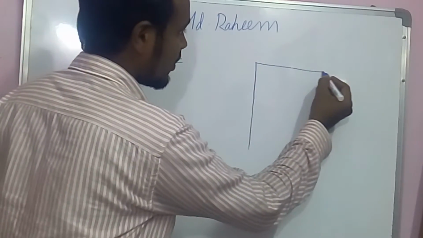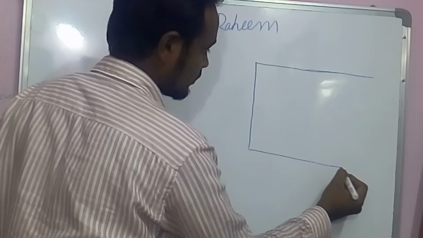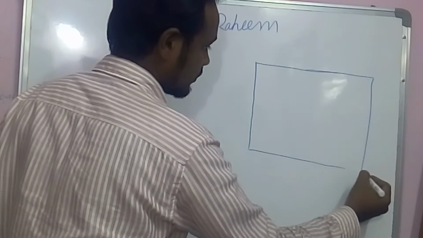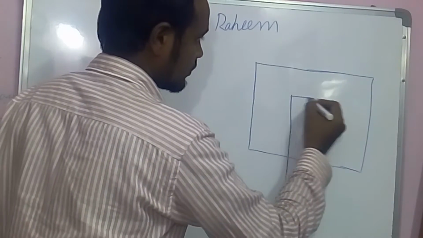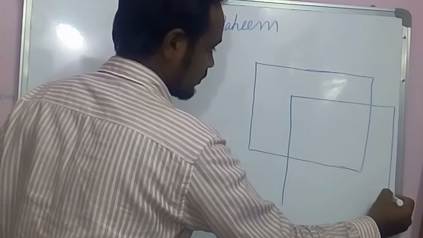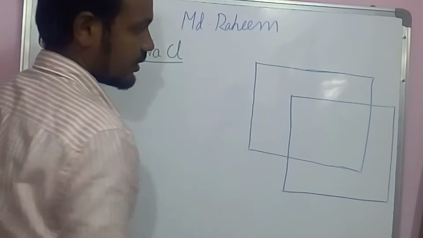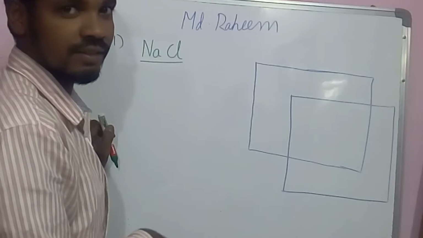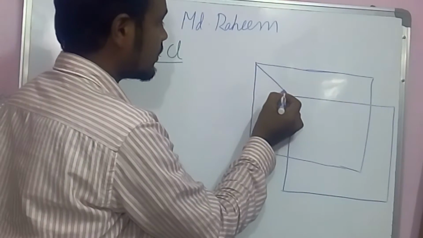So simply draw the box like this. Okay, equal sides you have. I am going to draw the structure of the simple cubic with equal sides.